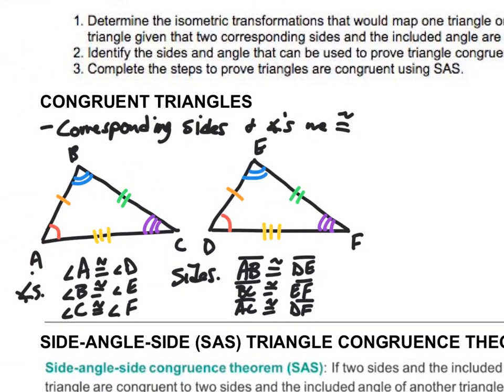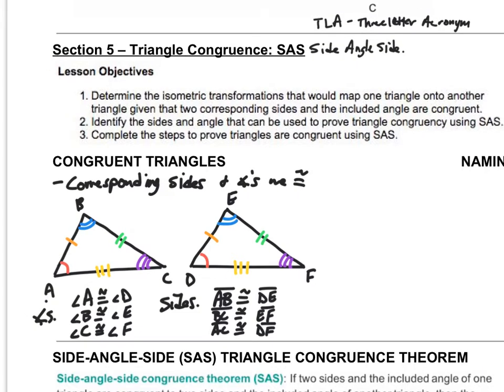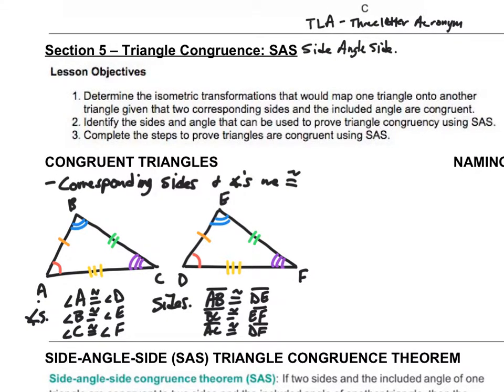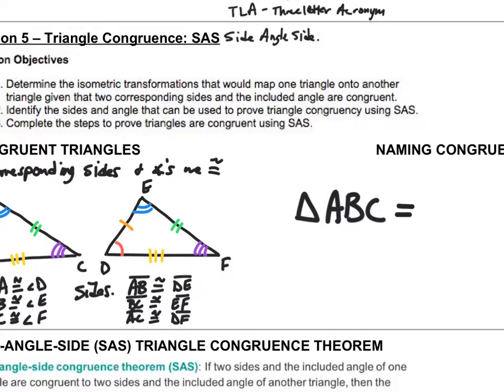Now naming is the important thing. It helps me figure out what angles are congruent to what other angles. So what I would do is say that triangle ABC is congruent to triangle DEF.